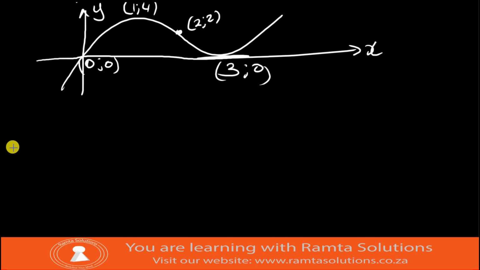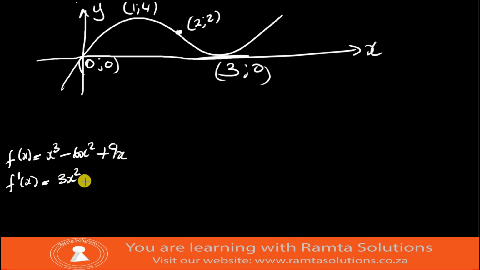We had f of x equals x cubed minus 6x squared plus 9x. And then f prime of x would be 3x squared minus 12x plus 9, f double prime of x would be 6x minus 12.